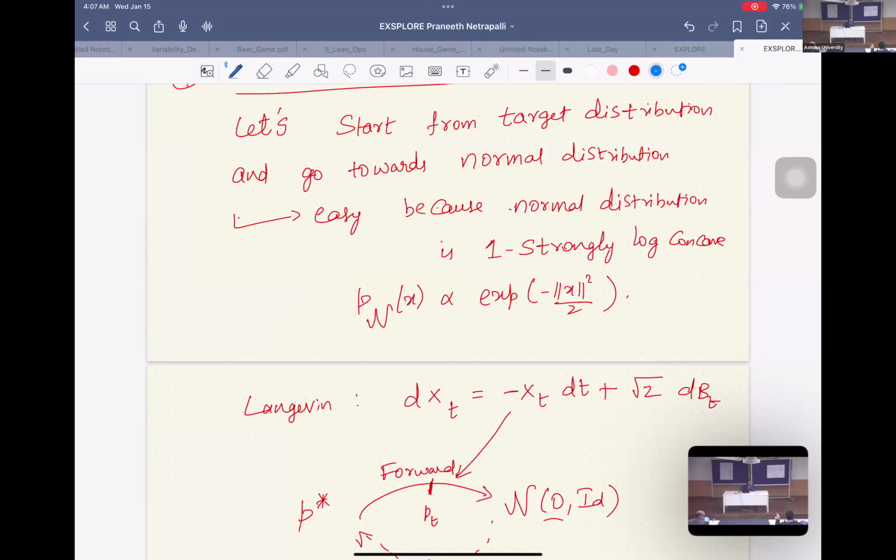You are starting from normal and going to the target, and there are multiple ways you can do that. There may be other ways, but at least Langevin dynamics will not converge very fast. And this is one way of making it converge faster.